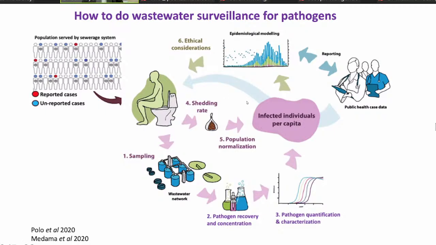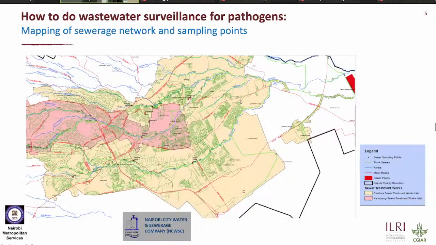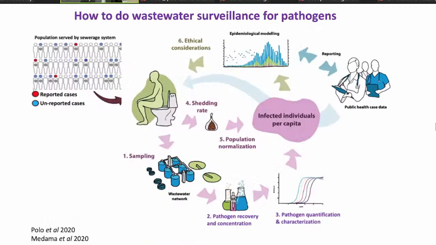But essentially, that data that you have quantified and characterized can be used to generate epidemiological models that then can be reported to the public health officials for action. So briefly, that is the workflow that is needed for sewage water surveillance processing.